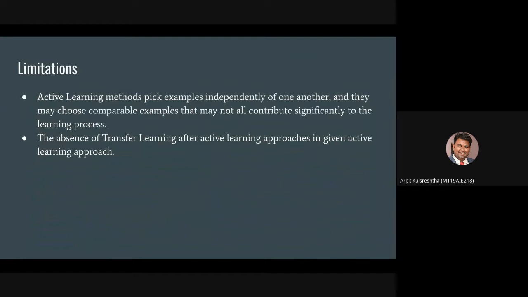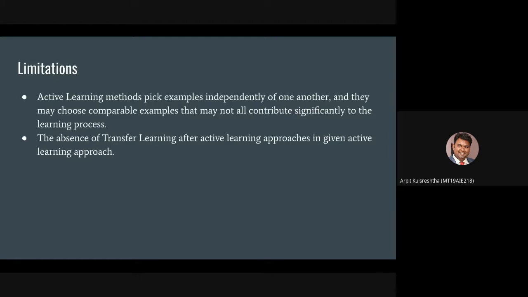So let's talk about the limitations. Limitations come from how things can be done better and what the negative aspects are. Here, the active learning methods sometimes pick examples independently of each other, and they may sometimes choose examples that do not contribute significantly.